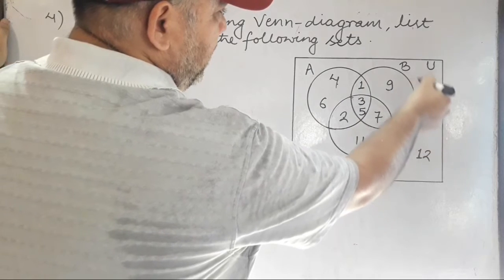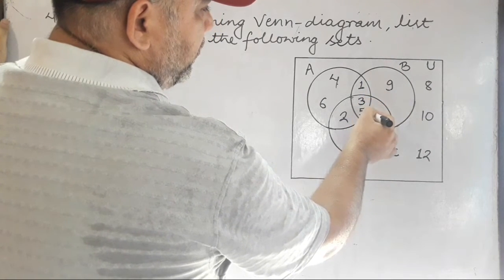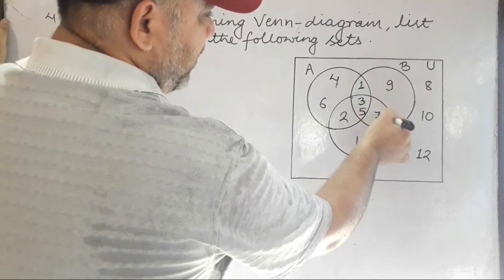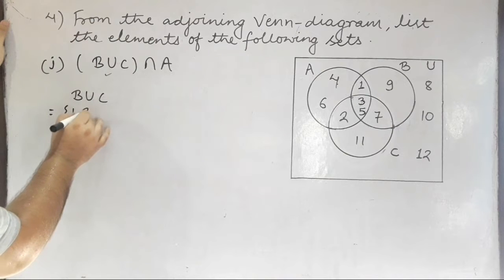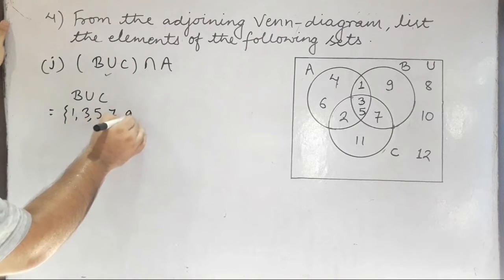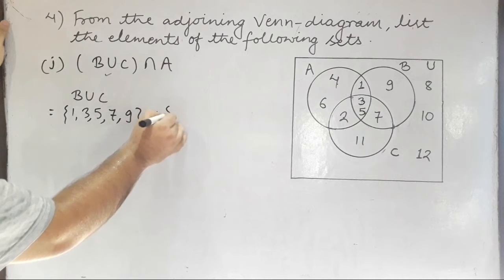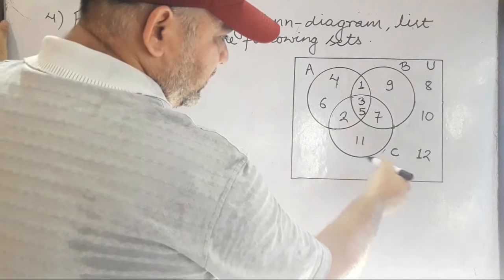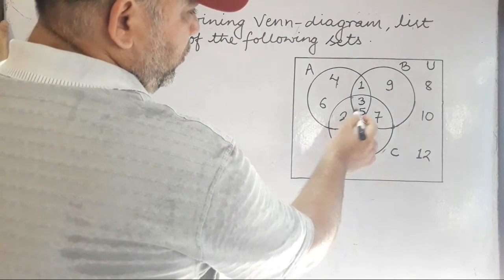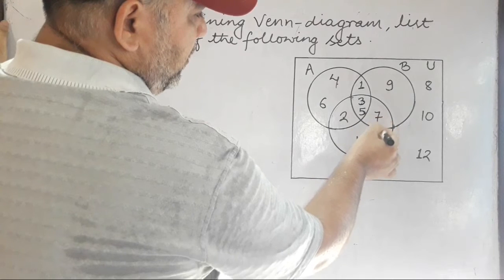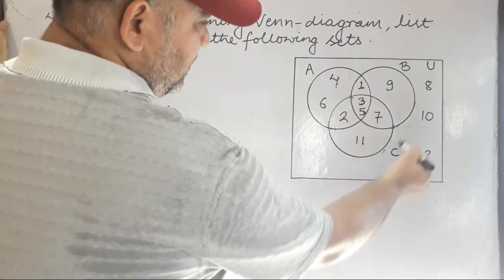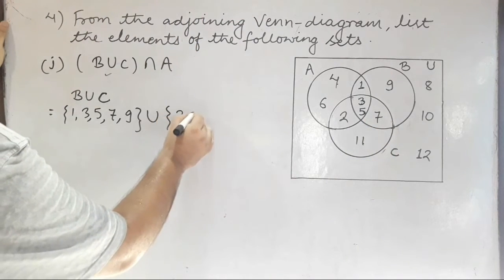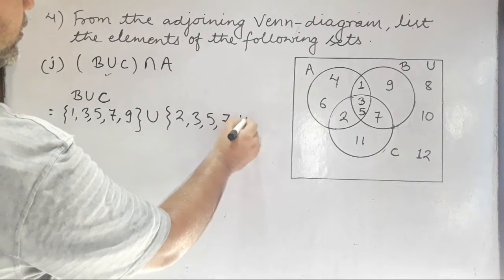The elements of B are 1, 3, 5, 7, 9, lying inside this set B. Union the elements of set C. Let's see, inside this circle C, 2, 3, 5, 7, 11.